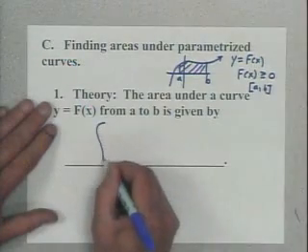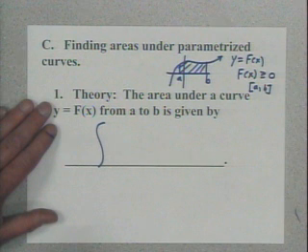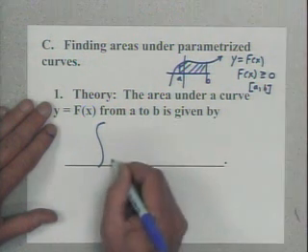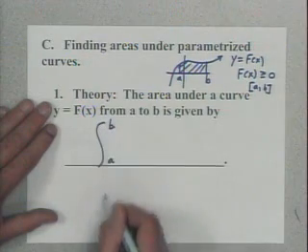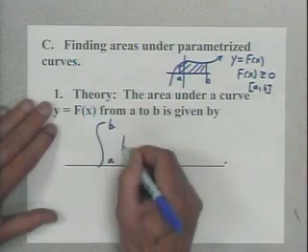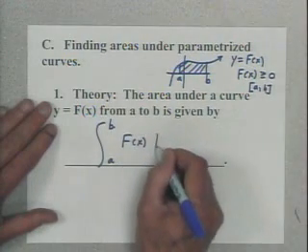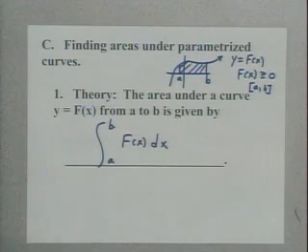We took an integral from A to B, didn't we? Of f of x dx. That's how we did it.